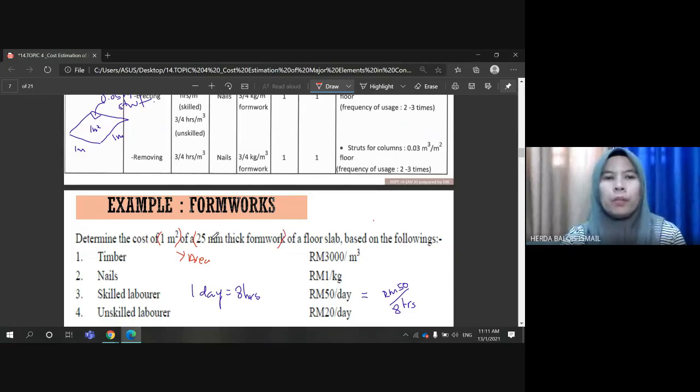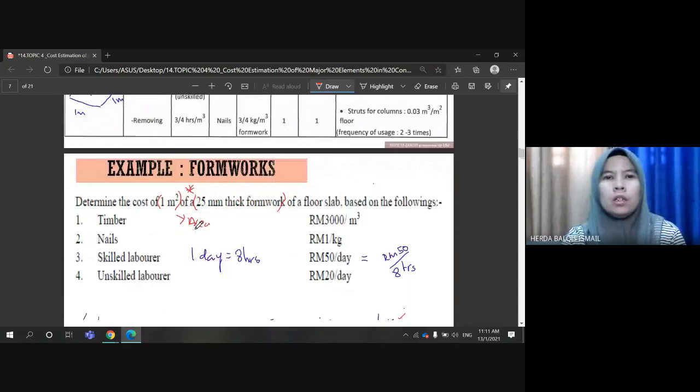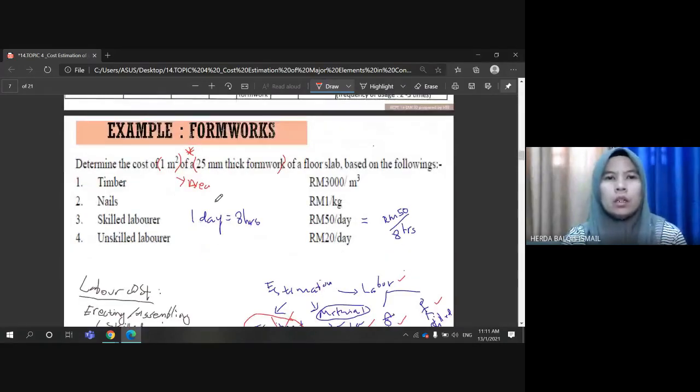25 mm. I just want to remind you, if the thickness is mentioned in the question, you take that value.